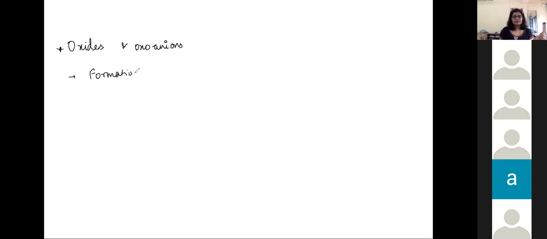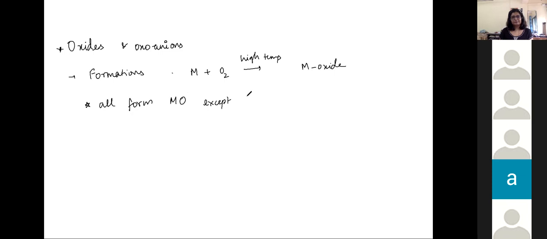Formation of oxides is pretty easy. You heat the metal with oxygen at a very high temperature, and it forms the metal oxide. So all form metal oxide of the form MO except scandium. Scandium only shows the +3 oxidation state, so this forms Sc2O3.